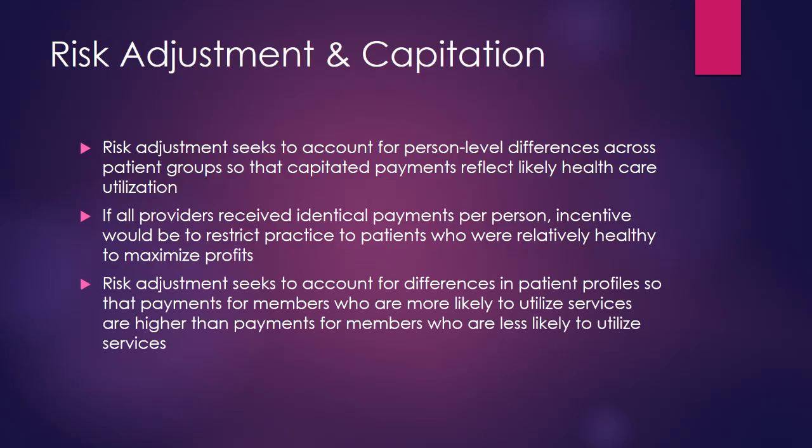We said before that the ways to lower costs in a capitated payment system, one is to restrict our enrollees, but we don't want to do that from a population health perspective. We don't want to leave people who need health care the most, who have health conditions already, without coverage. Instead, we'd like to incentivize providers to increase efficiencies or change quality in a way that lowers costs.